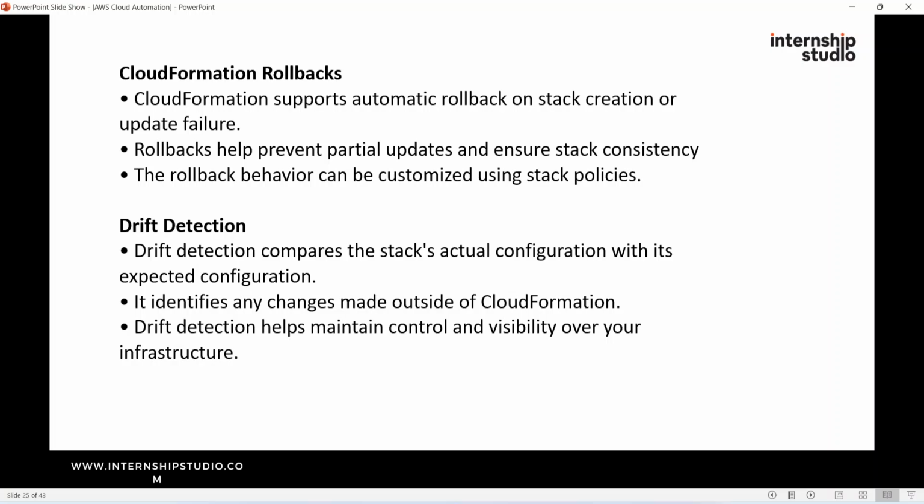Next we have the drift detection. So drift detection compares the stack's actual configuration with its expected configuration. So it identifies any changes made outside of CloudFormation. So drift detection helps maintain control and visibility over your infrastructure.